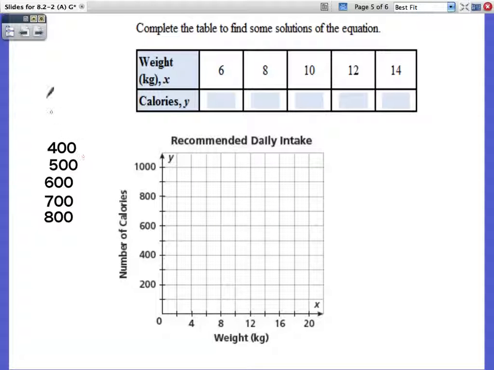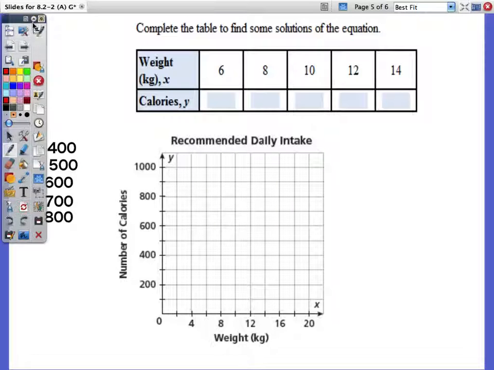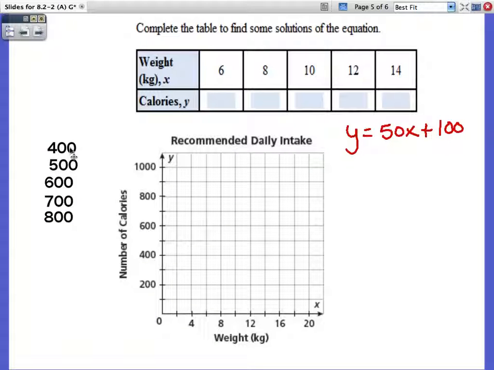Okay, so in this particular case, we can complete a table given this equation that we created, y equals 50x plus 100. When we create the table, and I've already done the calculations, we should see points that we can graph.